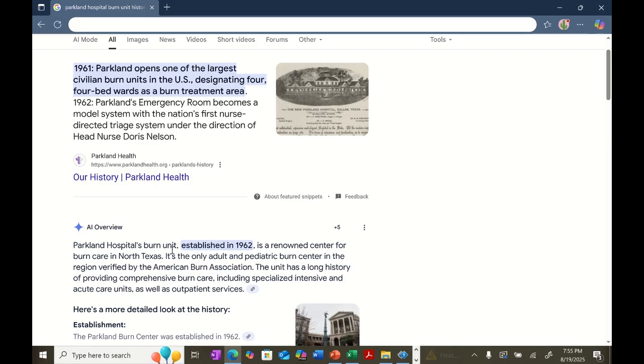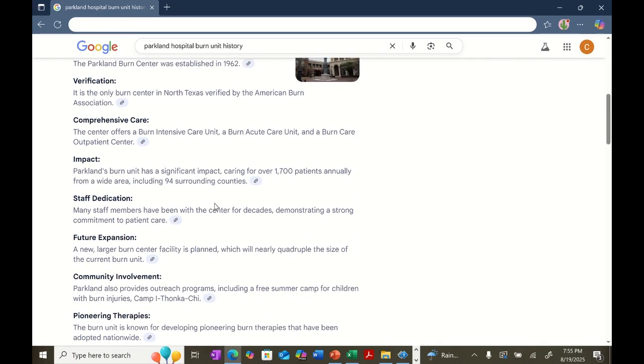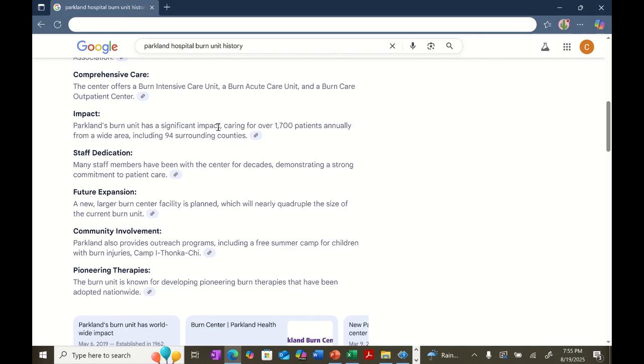Well, boy, AI is just terrible at this. But it is a renowned center. It's the only adult and pediatric burn center in the region, verified by the American Burn Association. It cares for a lot of patients. It's known for developing pioneering burn therapies that have been adopted nationwide. And it does a lot of great stuff.